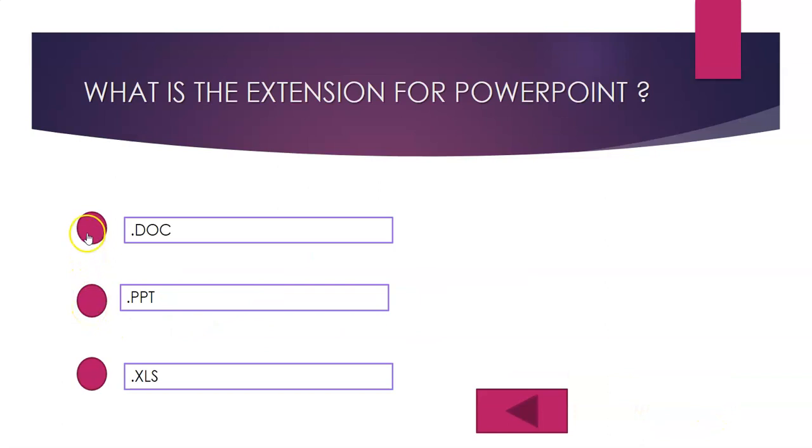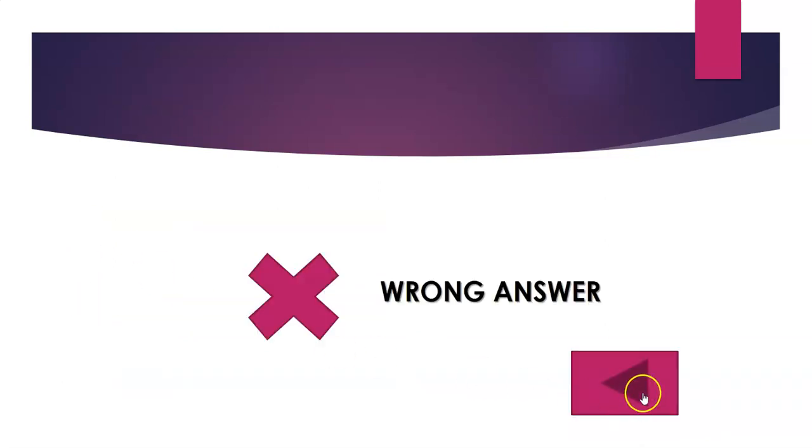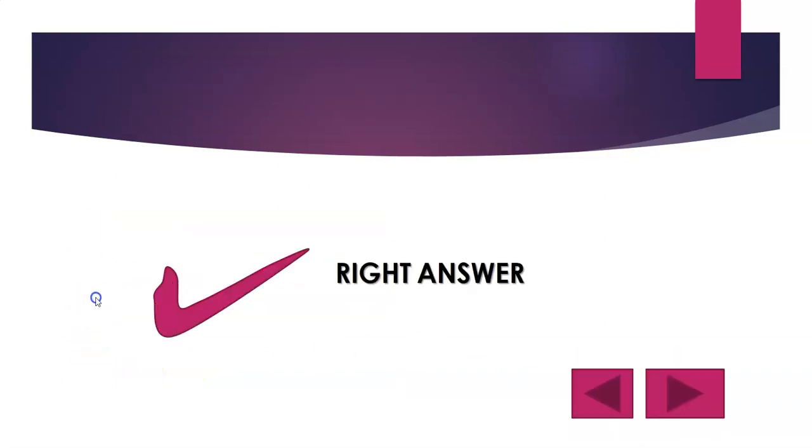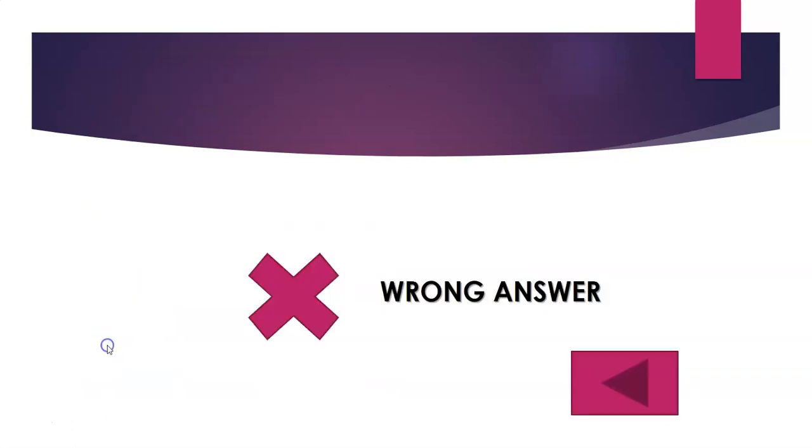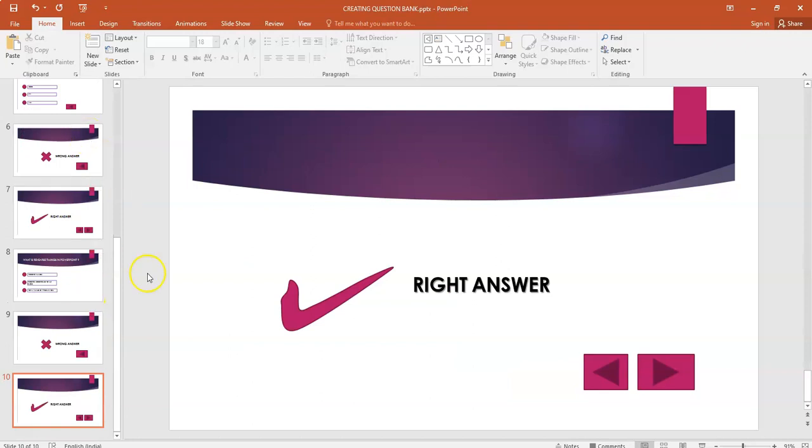Now I click the wrong answer, go back to previous. I click on the right answer, then I say next. Similarly here I have not set any actions, so nothing will happen. It will just go to the next slide. So here I have to set an action where I want to go. So I press the escape key again, back again, and set the action over here.